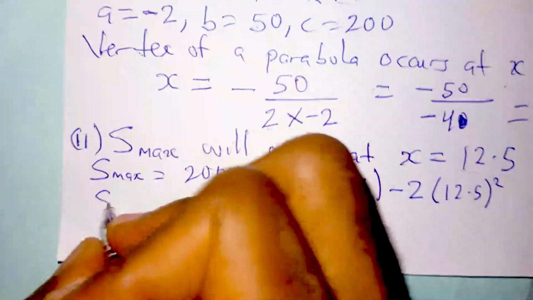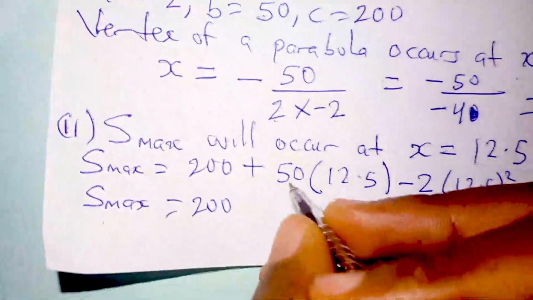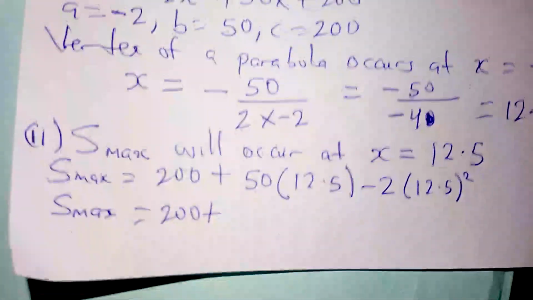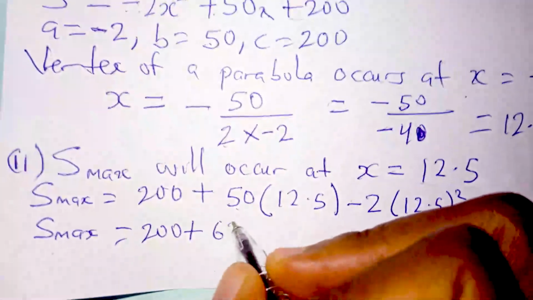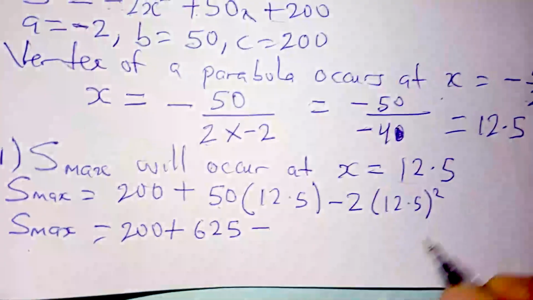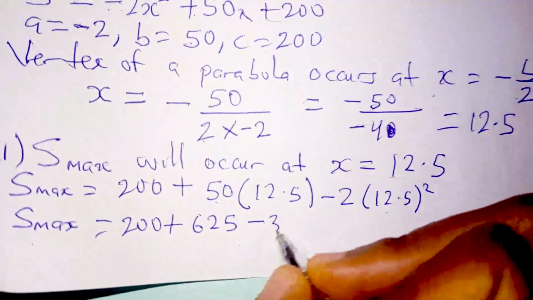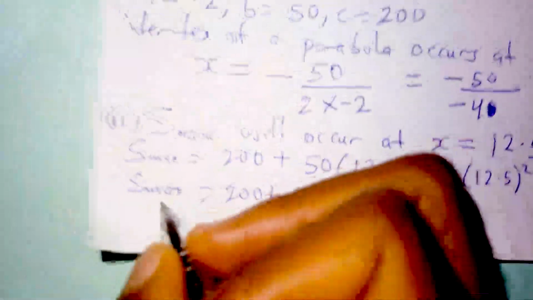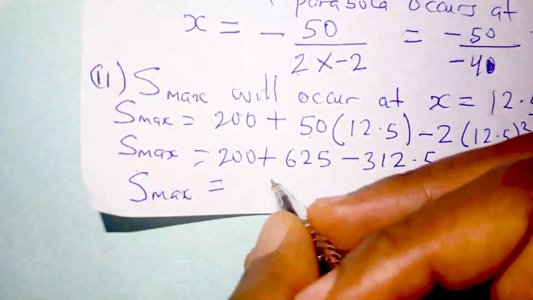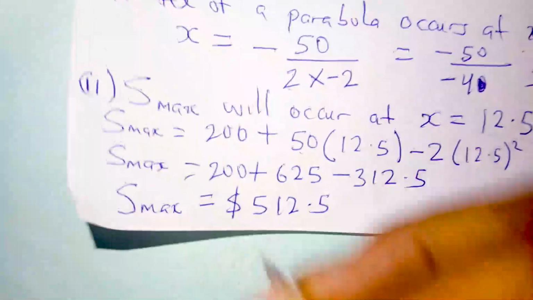So the maximum savings is going to be 200 plus 50 times 12.5, which gives plus 625. Then minus 12.5 squared, which gives 156.25, then times 2, that should be 312.5. So by the time you compute this, you're going to have your maximum savings to be 512.5 dollars.